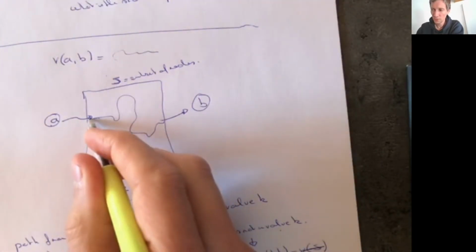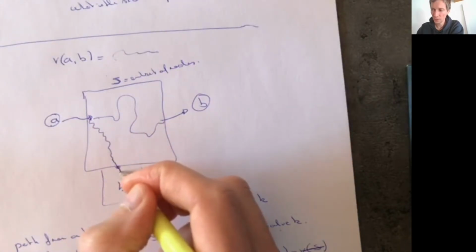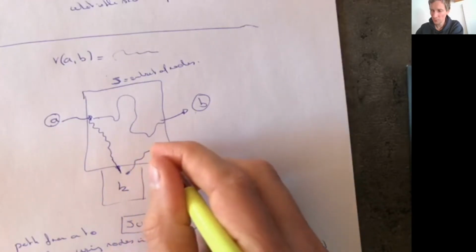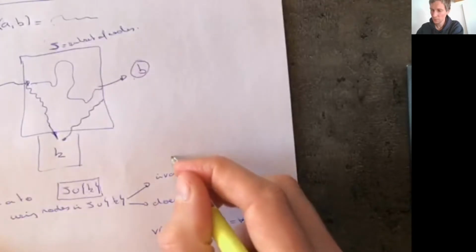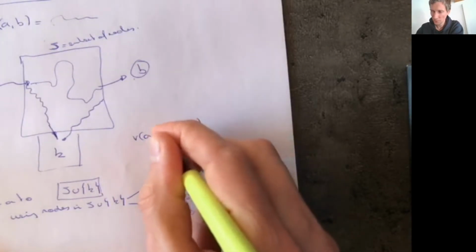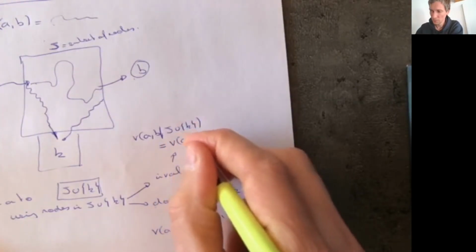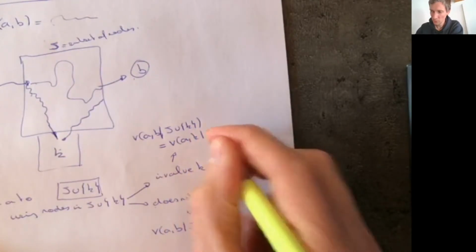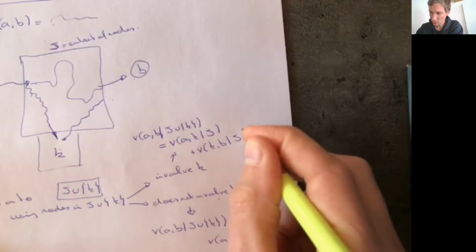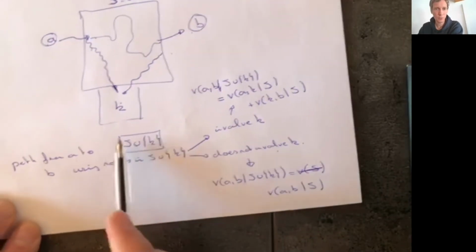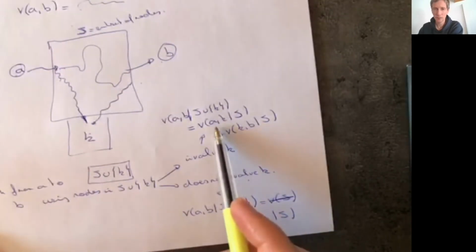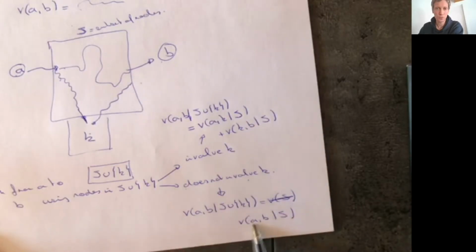Well, first of all, the path is going to maybe go through some nodes in S, and then it's going to hit the node K. And then from K starting, it is going to B and maybe also involve some nodes in S. So if it involves K, well then I know that the cost from going from A to B using nodes in S union K is going to be equal to the path from, first I'm going to go to K using nodes in S, plus I'm going to go from K to B also using nodes in S. Okay, and here we can see that we have solved the problem when the intermediate set is S union K, by recursing on smaller problems only using intermediate nodes in S.